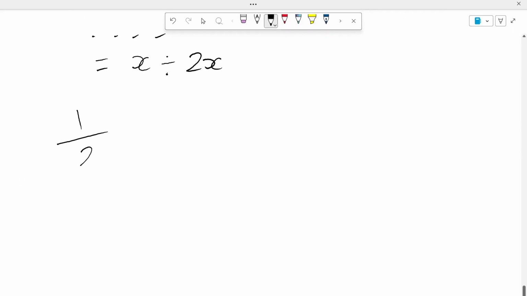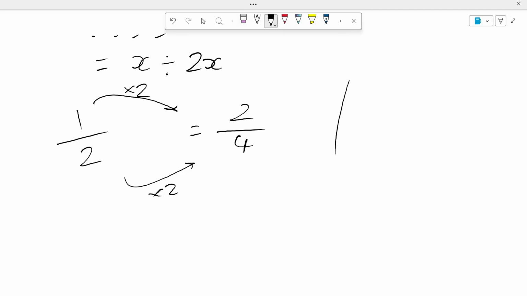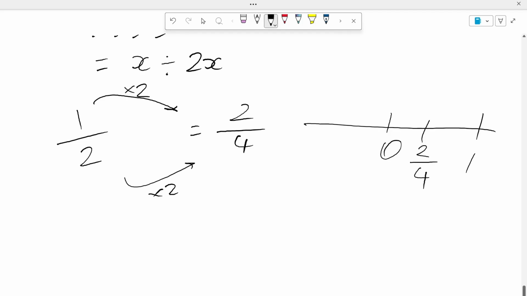So if I take my half, and I multiply top and bottom by 2, I will get 2 over 4. And so 2 over 4, I don't know why I keep drawing this vertical line, sorry, 2 over 4 is another way of writing the fraction that is exactly halfway between 0 and 1.